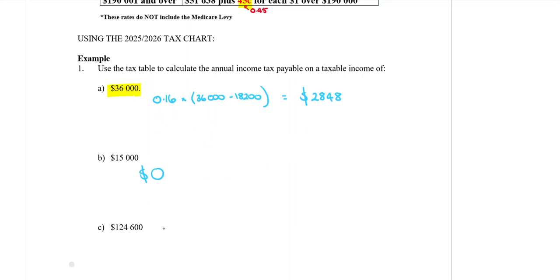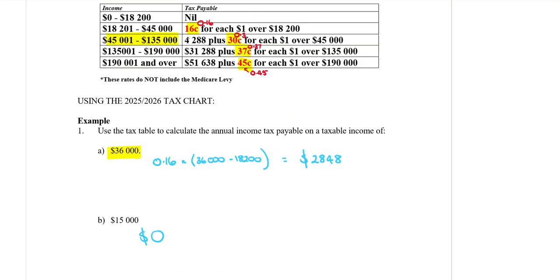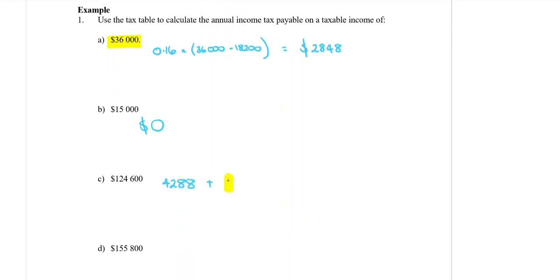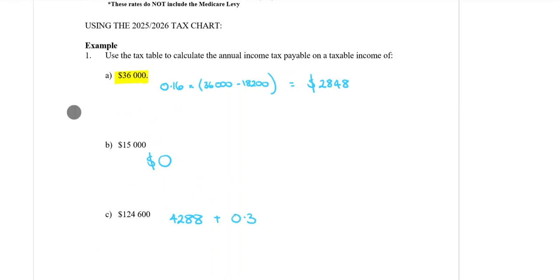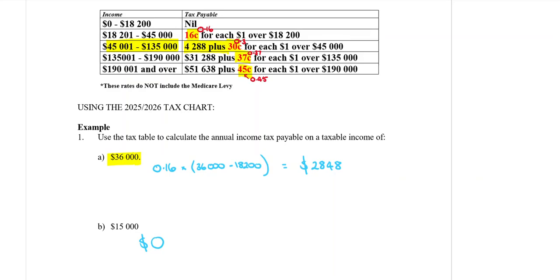So down here, 4,288 plus, because we follow along what it says here, 4,288 plus 30 cents, which we know is 0.3, times by the number of dollars over 45,000.